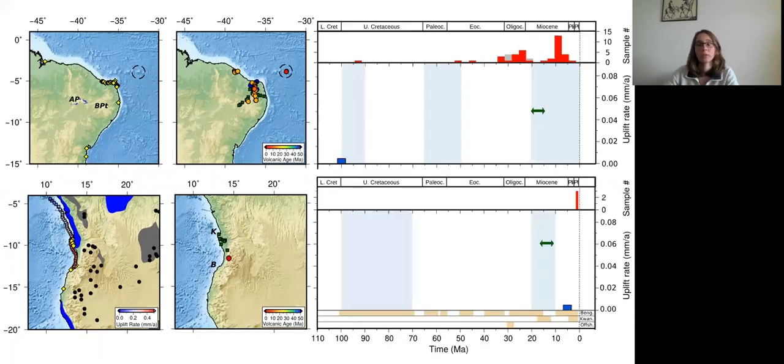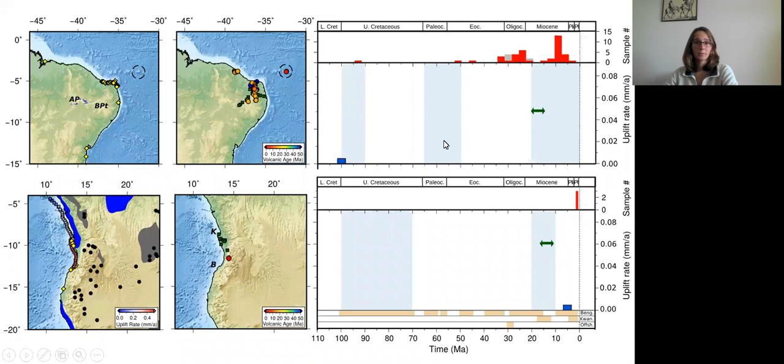And if we put that on a time axis, starting back in the Cretaceous on the left and then through to present day on the right, this blue square here corresponds to a marine deposit that's Cretaceous in age, but currently sits at 800 meters elevation.